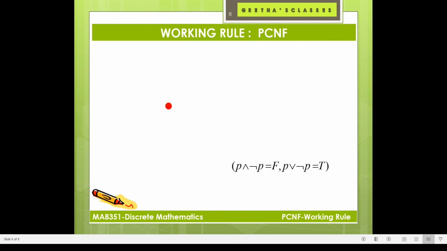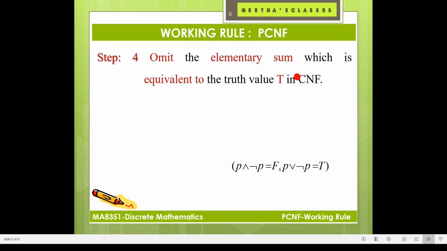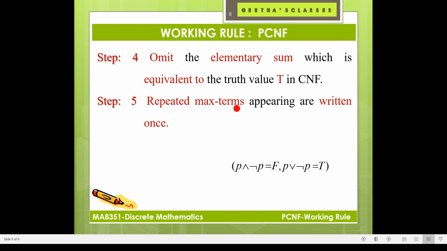Step 4: omit the elementary sum which is equivalent to the truth value true in CNF. Step 5: repeated max terms appearing are written once. If a max term is repeated twice, you have to write it once.